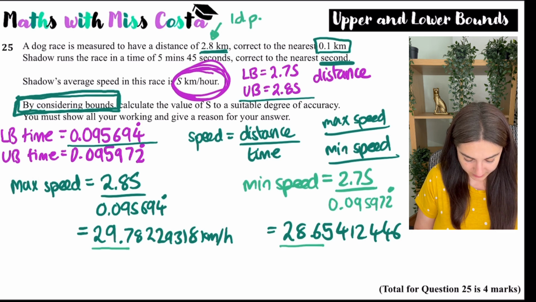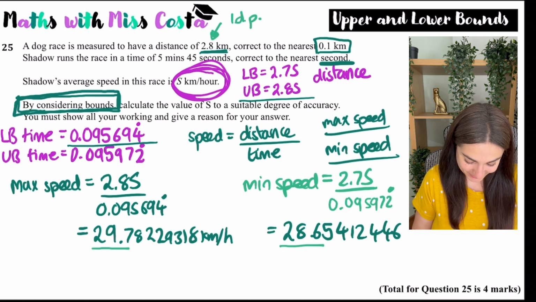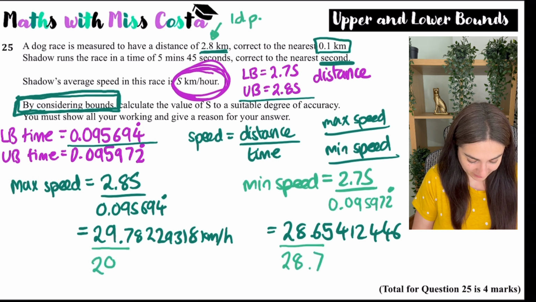It would be very nice if they rounded to 1 decimal place. So if I rounded it to 1 decimal place, that would be 28.7, and this would be 29.8. So I'd have to round it. If I rounded it to the nearest whole number, that would be 29, and that would be 30.